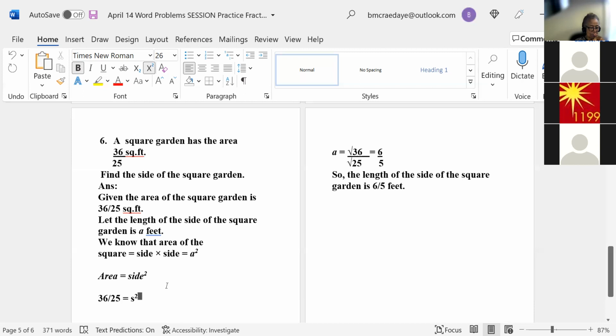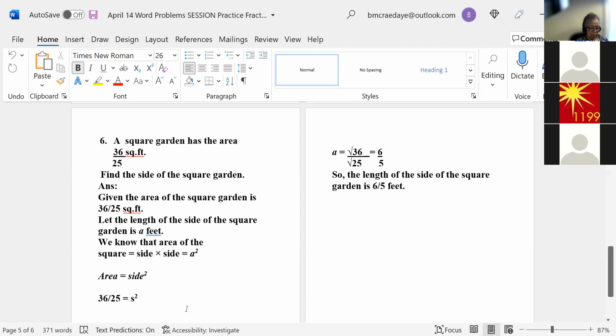If you have a square, say with side S, how do I just get S? What do I have to do to both sides? It's a power, right?